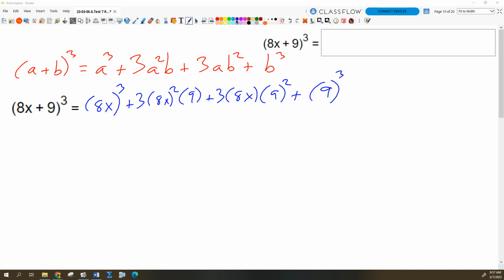And those are big numbers. 8 cubed, what is that? I can't remember off the top of my head. 512. There you go. That's right. 512.